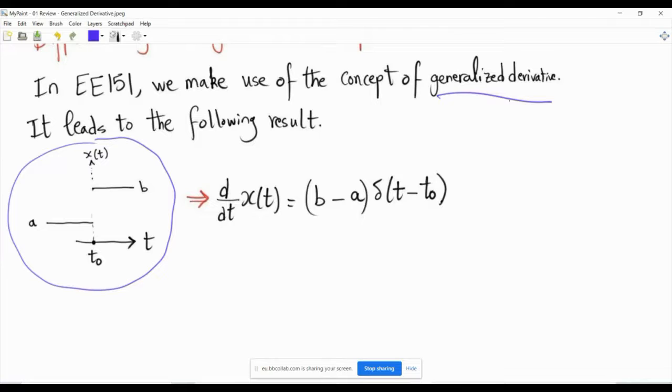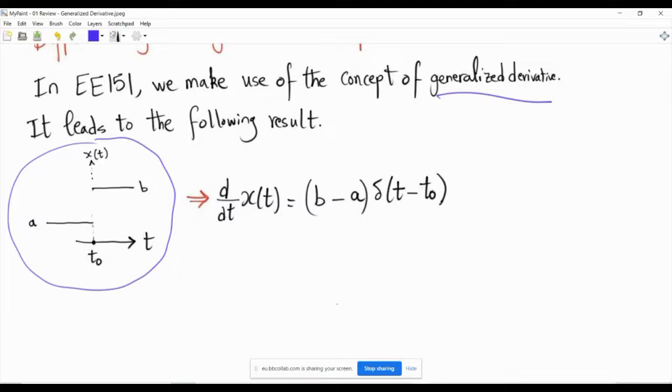For us, if we have a function with a jump, then the derivative of the function will include a Dirac delta at the location of the jump. And the amplitude of this Dirac delta will be equal to b minus a. So this means that if x of t is differentiable everywhere except at the jump, then the derivative will be the classical derivative in addition to this Dirac delta.